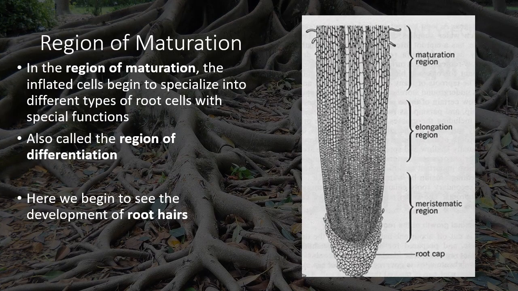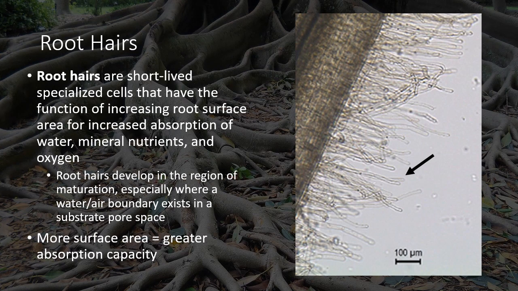So differentiation is the process of a more rudimentary cell type specializing into a mature special cell that has a designated function. One of the types of differentiation we see here is the development of root hairs, which are one of our first specialized cell types to develop.